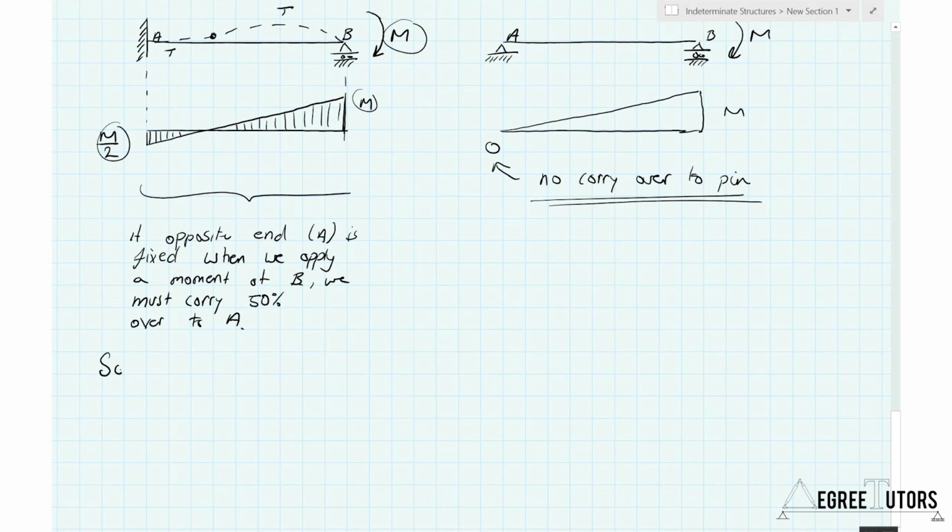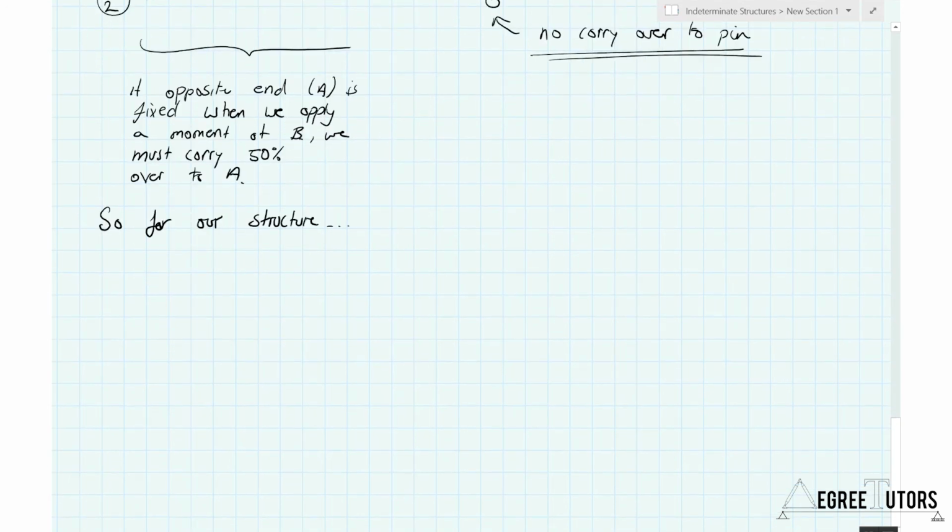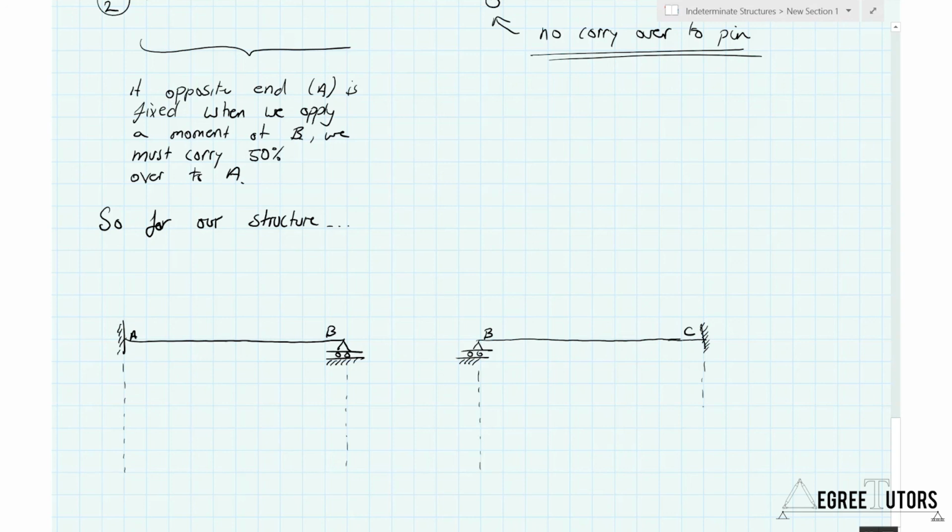So for our structure, what have we got? Let's just draw out what we had. Right, so on the left-hand side of the support, we applied a clockwise balancing moment of 72.2.